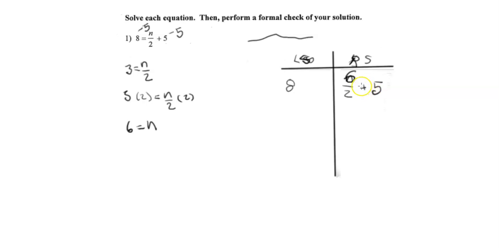You would have been done on the next line, but okay, write it on top of it. 6 divided by 2 is 3, plus 5, which is? 8. Great. Now, as a math teacher, I want to see those equal signs. And then when you've done it, you've got to go left side equals right side. And if you want to, check.